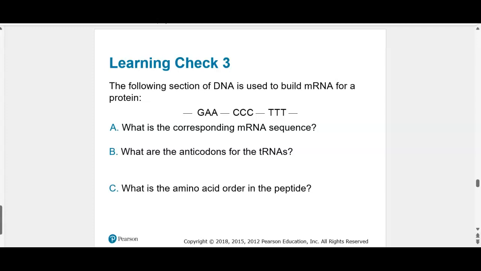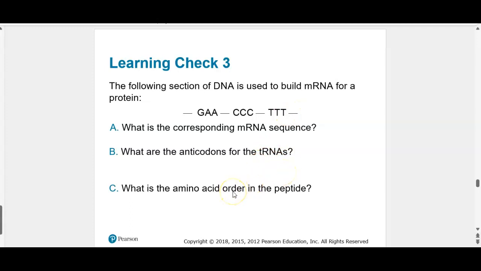So the GAA is going to be the anticodon for CUU, and CCC, which is up here, is going to be the anticodon for GGG. And then the AAA is in the messenger RNA sequence, so the anticodon is going to be UUU. It's going to be the uracil.